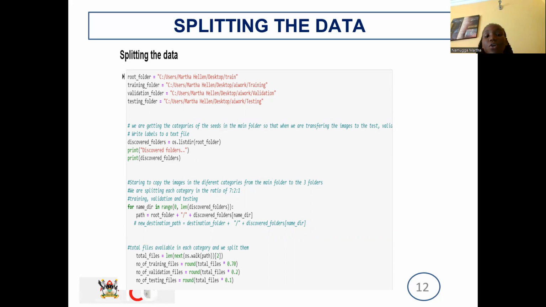So when I'm splitting, I have to split them according to their labels as well and put them in the new folders for training, testing, and validation. I split the data in a percentage of 70% for the training, 20% for the validation, and 10% for the testing. So that's how I split the data from the main file to the 3 different files.